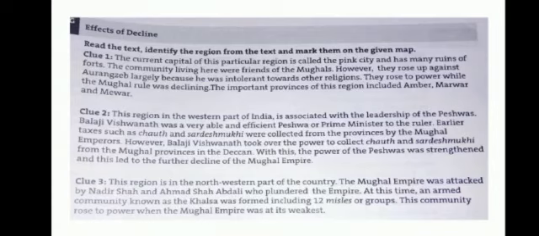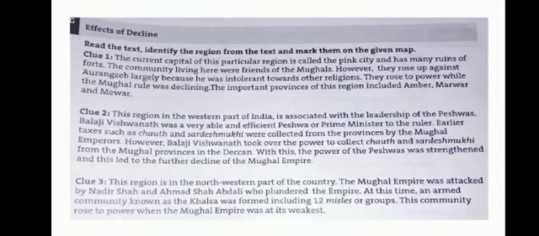With this, the power of Peshwa was strengthened, and this led to the further decline of the Mughal Empire. So, by reading this clue, you got the idea that we are talking about Maharashtra. Peshwas belong to the Maratha kingdom, and Maratha today is known as Maharashtra.